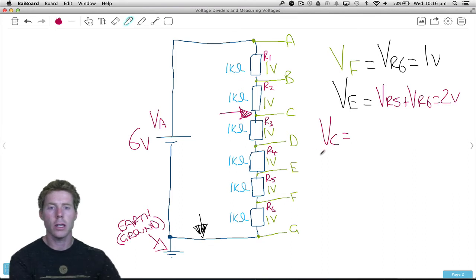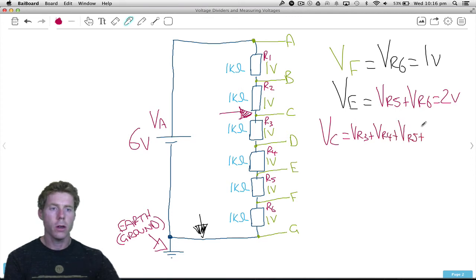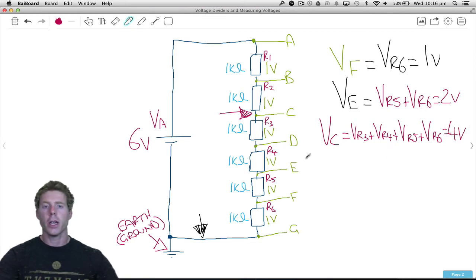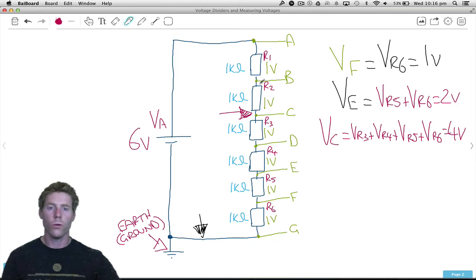So VC is like saying VR3 plus VR4 plus VR5 plus VR6 equals 4 volts. Okay, then hopefully you can see if we went to VB, it would now be that plus that plus that plus that plus that, sitting at 5 volts.